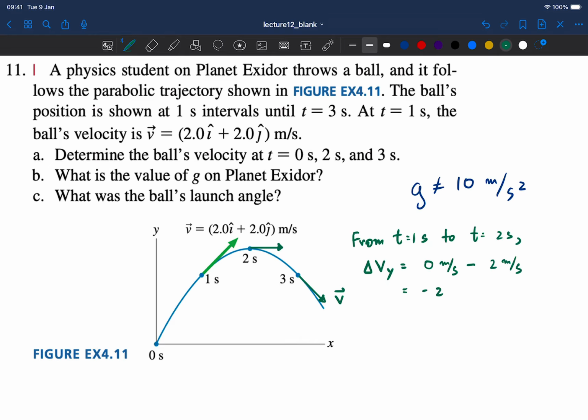So that's minus 2 meters per second. The acceleration in the y direction, which is delta v in the y direction divided by delta t, is minus 2 meters per second divided by 1 second, and that's minus 2 meters per second squared. So every second, the vertical velocity component gets reduced by 2.